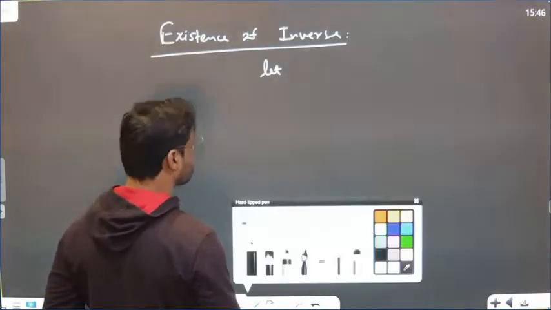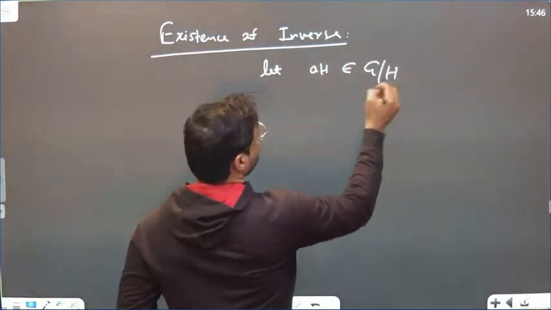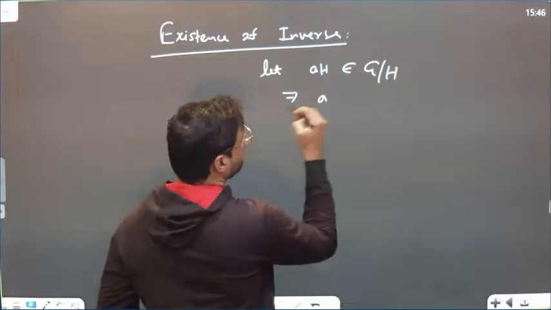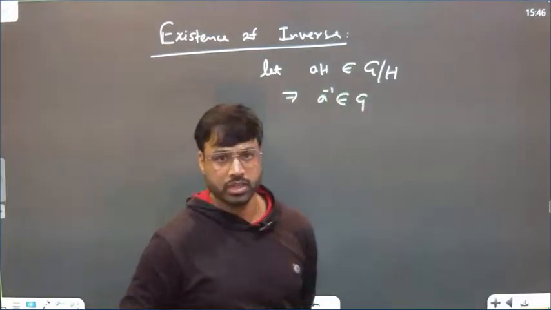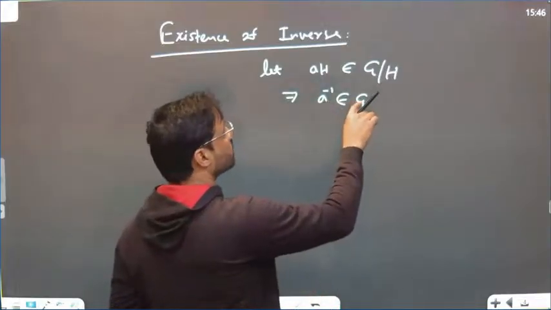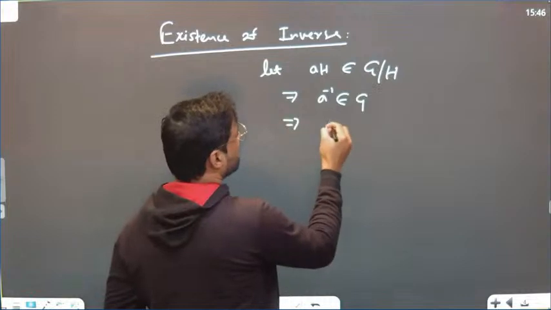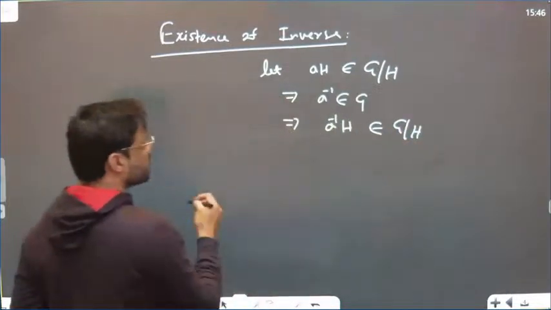Let aH belong to G by H. That implies that a belongs to G, and since G is a group, a inverse obviously belongs to G, and that implies that a inverse H belongs to this set.